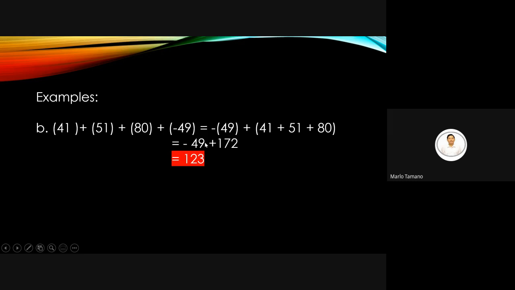So, negative 49 plus 172. So, alam na ito. Magkaiba po yung kanilang signs. They are what? Unlike signs. So, 172 minus 49 is 123. Then, copy the sign of the greater absolute value. So, positive 123. Okay po.